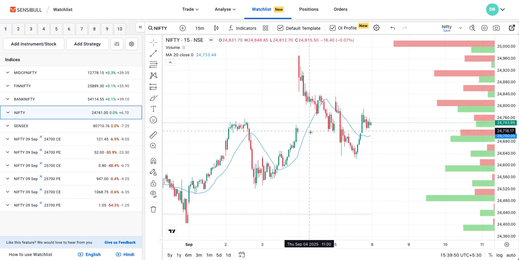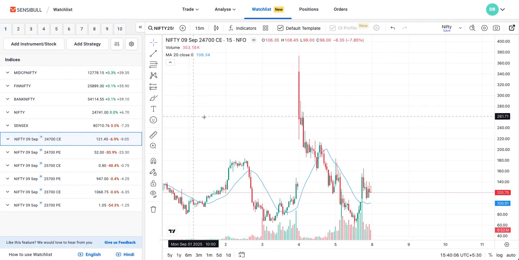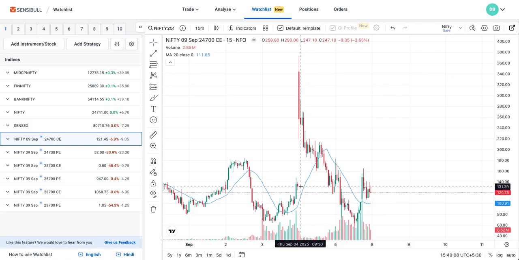Now watch carefully that here it moved from 24,713 to 24,969, which is almost more than 250 points. So what happened to the 24,700C? Let us see that. Here we see that the option was 131.39 at the end of the day, and here it became 344.